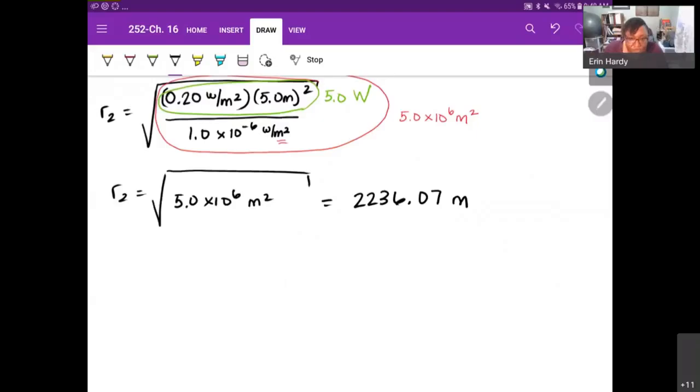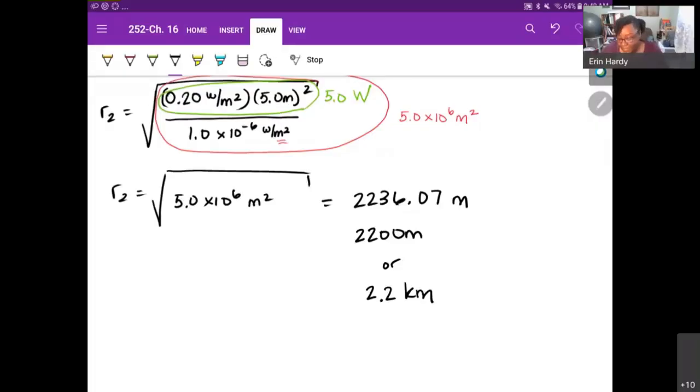So we have 2 sig figs to work with. Let's call that 2,200 meters or 2.2 kilometers. So not an insignificant distance at all. 0.2 watts per square meter at a distance of 5 meters is actually very, very intense.